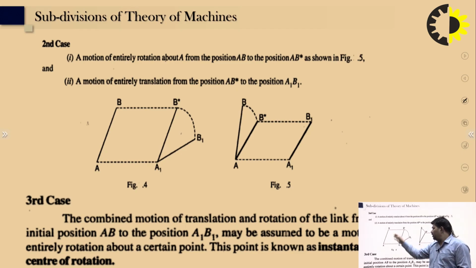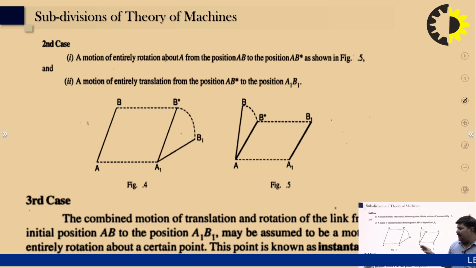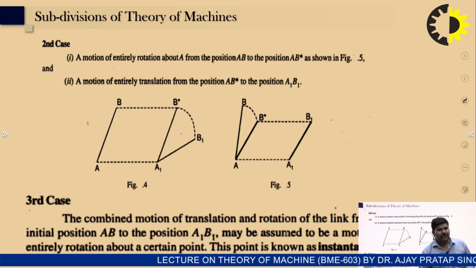So from A to B, translation to A1 to B dash, and then after translation it converts to the rotary motion A1 to B1, or A1 to B, then rotary motion A1 to B dash, and then again translation. So there are a lot of combination possibilities in this case, and you can use them accordingly.